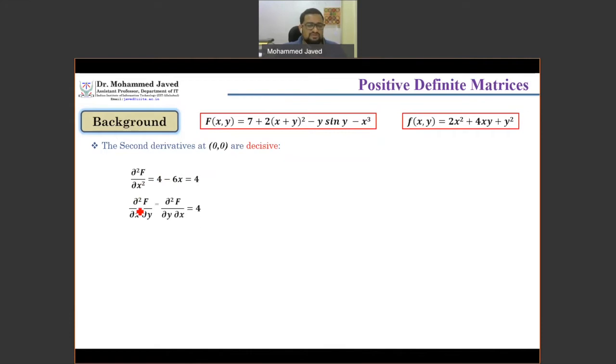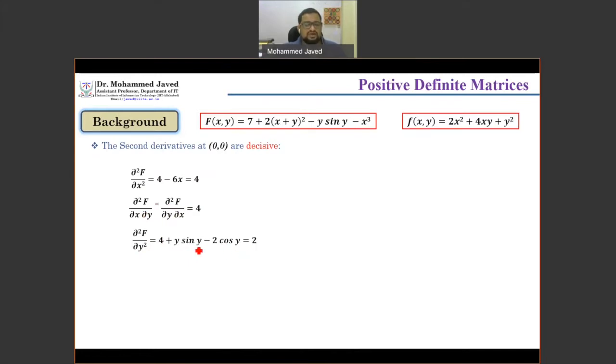Similarly, differentiating del 2f by del x del y, and in reverse, del 2f by del y del x, equals 4. So you get 4 in both cases. Similarly, del 2f by del y square is equal to 4 plus y sin y minus 2 cos y.